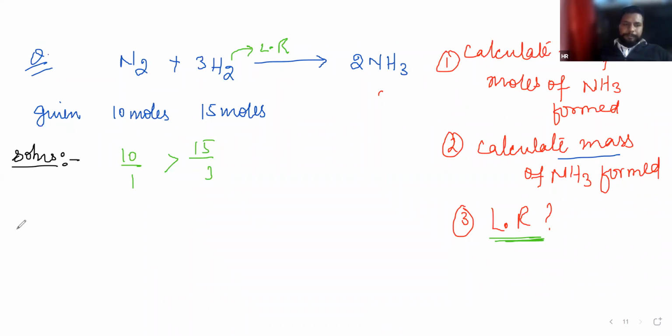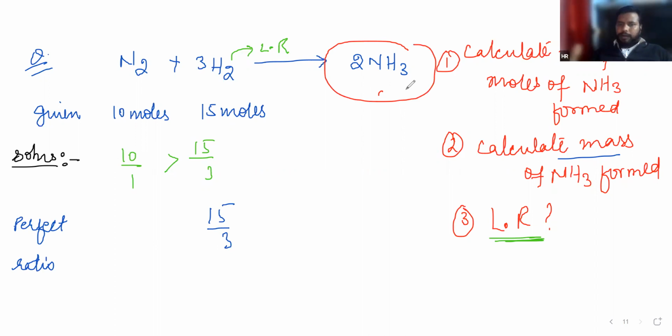Now see, the perfect ratio will be just 15/3, and according to the question, it's only asking about the product part, so I'm writing only the product part, taking it as x, and x upon 2, so x is equal to 10 moles.